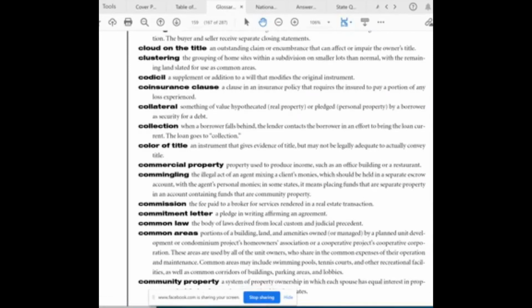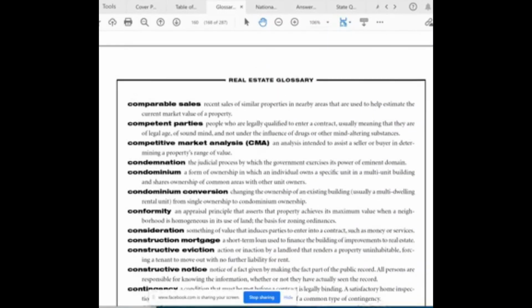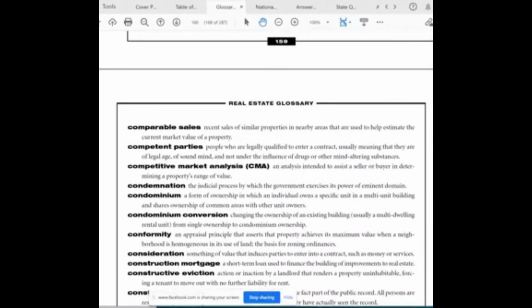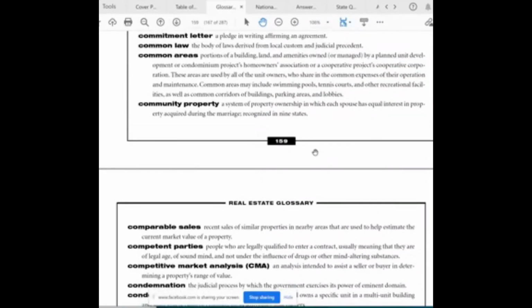So if you've ever had a timeshare, you hear the word maintenance, that you have to pay your maintenance fee every year. And you get to pick the week that you want. So these areas are used for all unit owners who share common expense in their operation and maintenance. Common areas may include swimming pools, tennis courts, and other recreational facilities, as well as common corridors of buildings, parking areas, and lobbies.